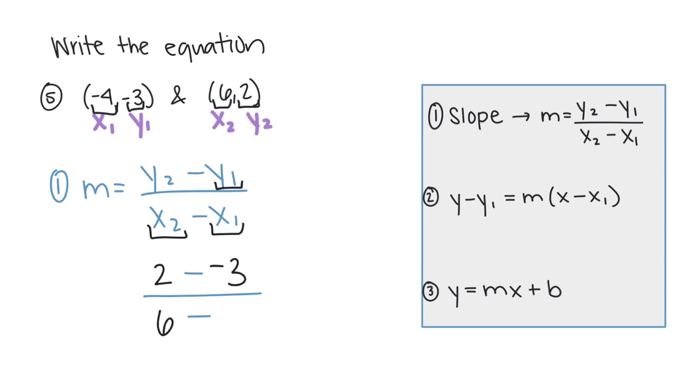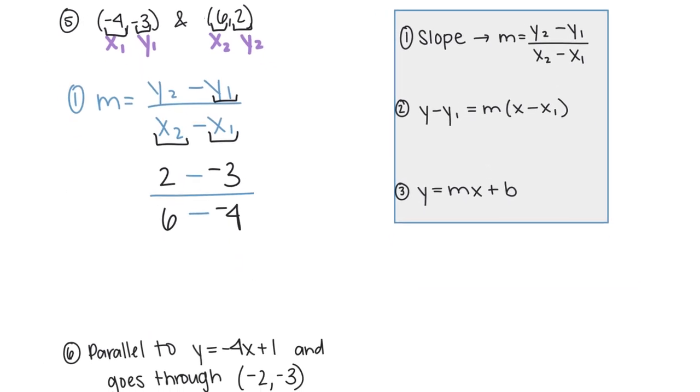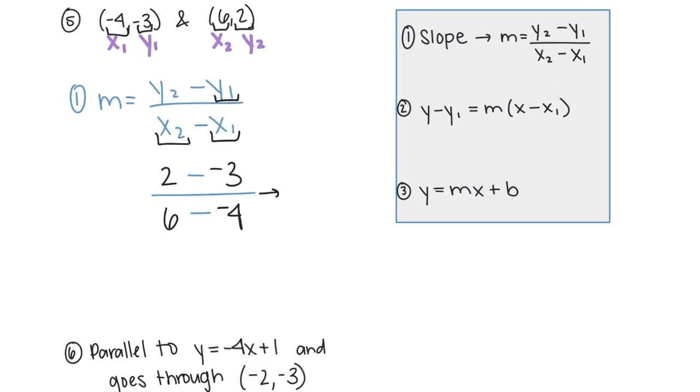x1, -4. Okay, you could simplify across the top by calling that plus, or remember you could also do this in your calculator. So this is how you would do it by hand. 2 plus 3 gives me 5, 6 plus 4 gives me 10, and then that would simplify down to 1/2.